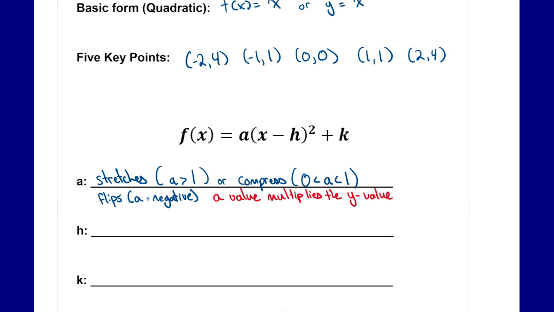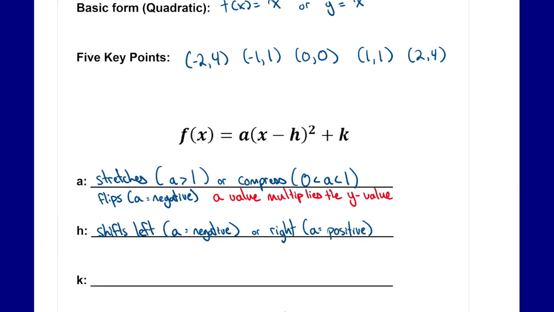Our h value, this is left or right. So it shifts left if h is negative, or if h is less than 0. I'll just put h as negative just to make it easier. Or right if h is positive.